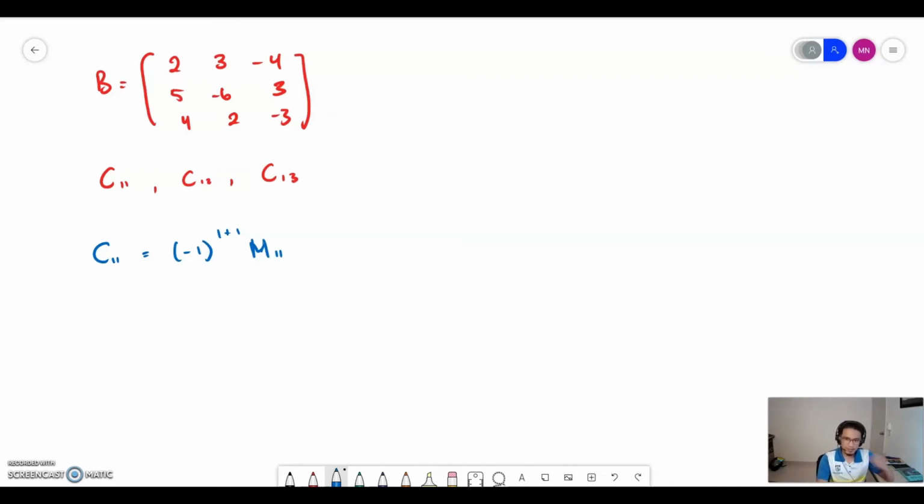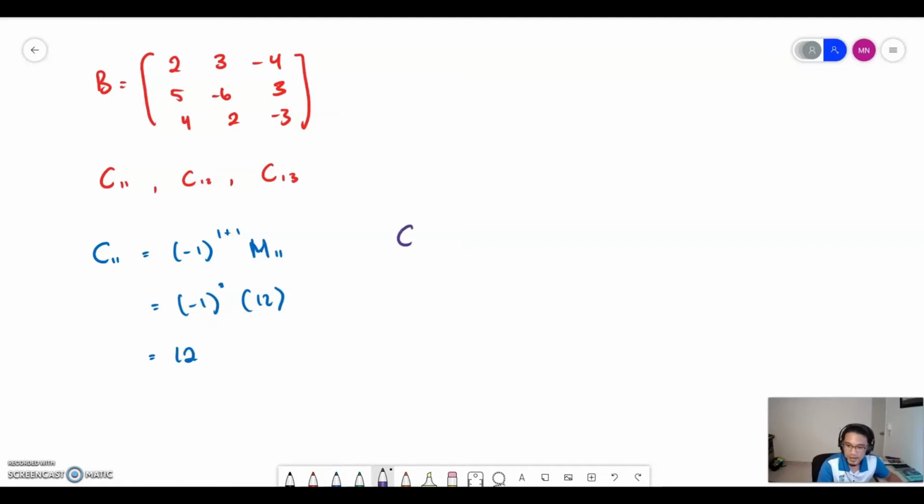This matrix B is the same matrix as we used for the minor example just now, so we already have the value for M11. Negative 1 to the power of 2 and M11 is equal to 12. Negative 1 to the power of 2 is 1, so the cofactor 1, 1 is equal to 12.